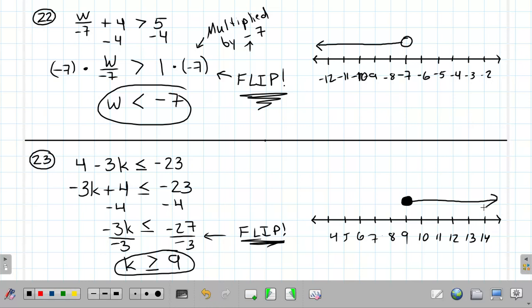But once again, how I knew that I flipped is I divided both sides by -3. And once again, the negative tells me I need to flip the inequality symbol.